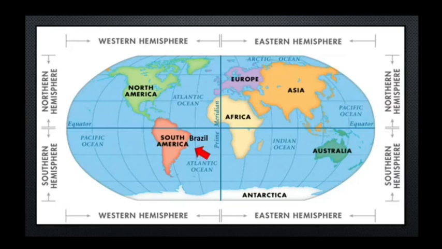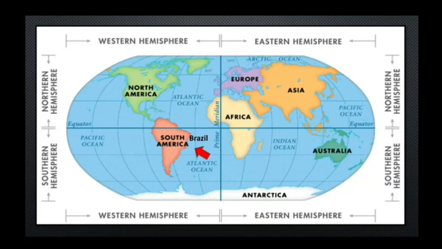Also, it lies in the western hemisphere. So it lies in three hemispheres, that is, a little part towards the north, more part towards the south, and towards the western hemisphere. As India lies towards the eastern hemisphere, Brazil lies towards the western hemisphere.